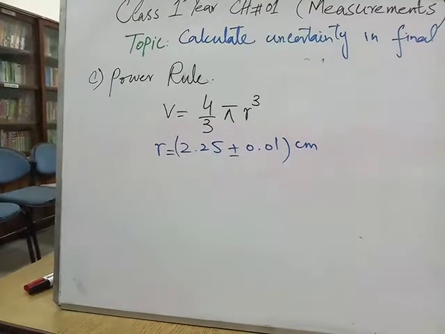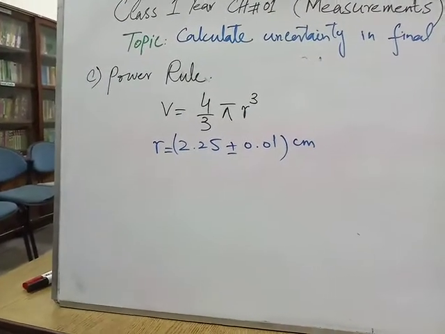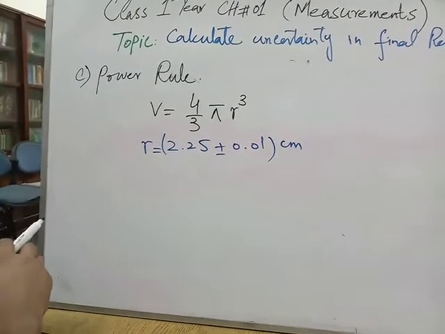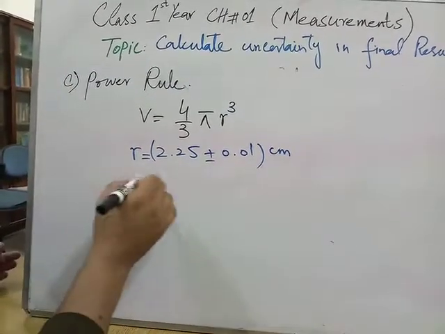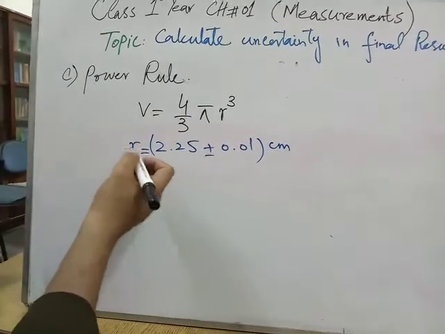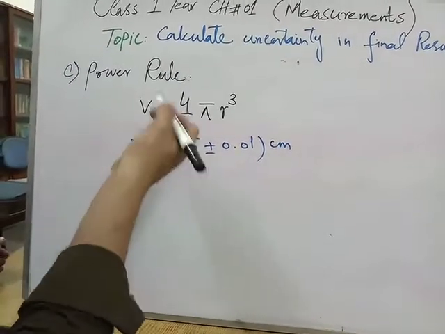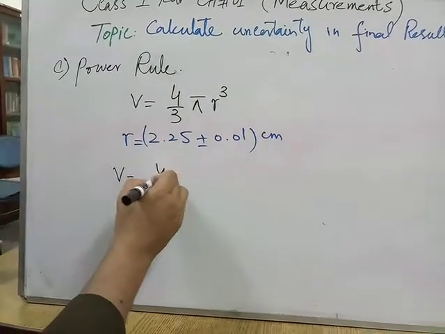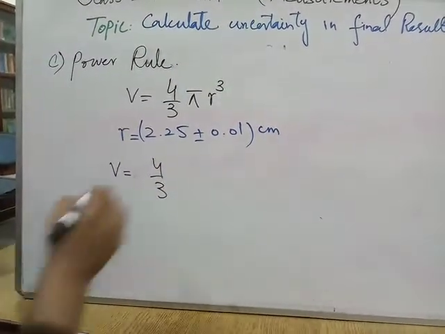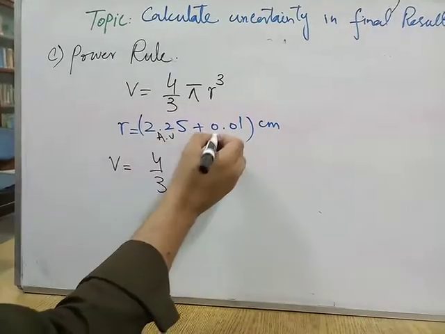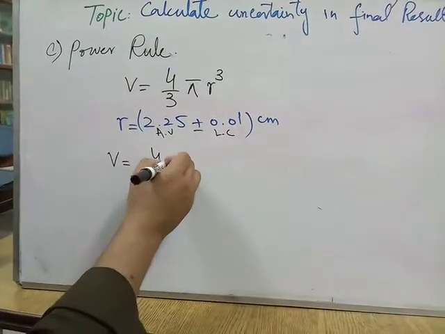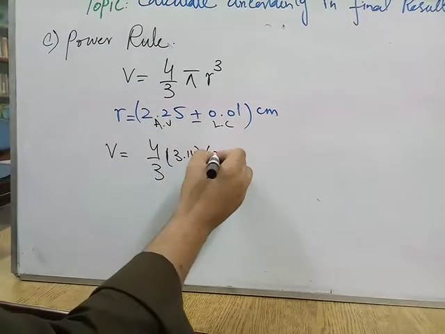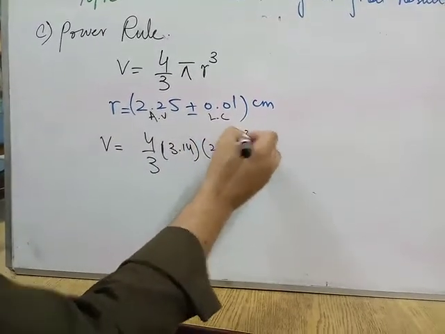If they give us only the value of R, how can we find the percentage uncertainty in this power formula? For the actual value, we write V is equal to 4 by 3 pi r cube, where pi is 3.14 and r cube is 2.25 cube.